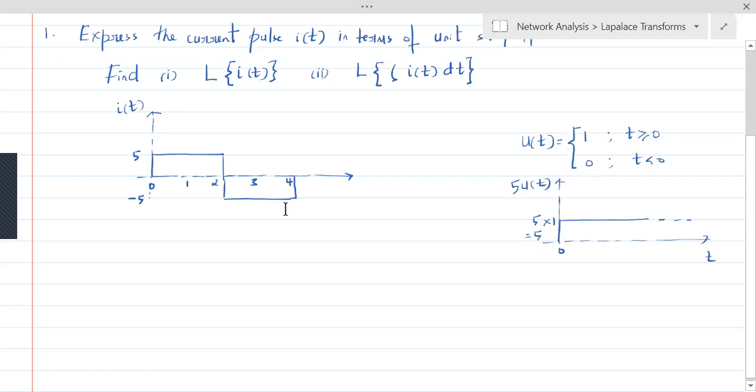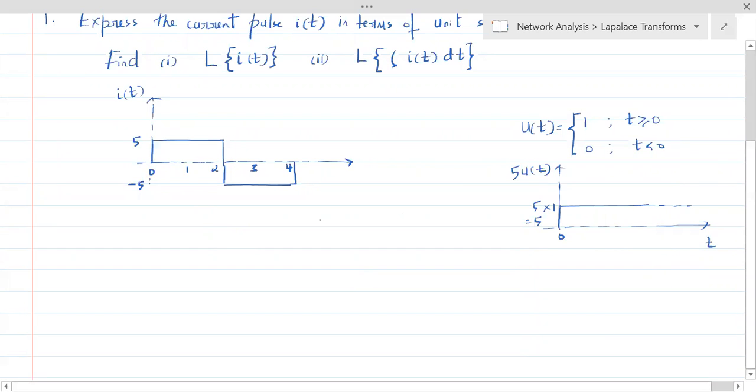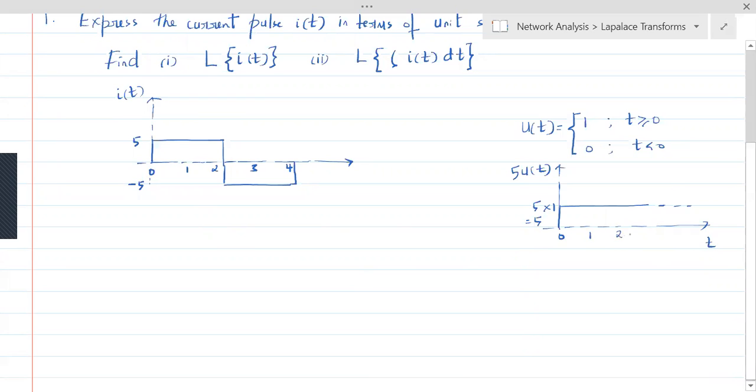Now understand, you have to use two versions of u of t. One is 5u of t. You have to use another version of u of t to get this. Now everybody understand, from 0 to 2, I need a signal of amplitude 5. Let me write that here. Everybody just concentrate. See here, this is 0, 1, 2, 3, 4, let it go on and on.